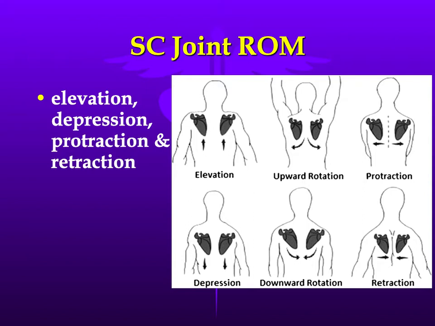Retraction is when you bring your shoulder blades together, and protraction is when you bring those shoulder blades back to normal in the anatomical position. So those are the main range of motions there at the SC joint: elevation, depression, protraction, and retraction.